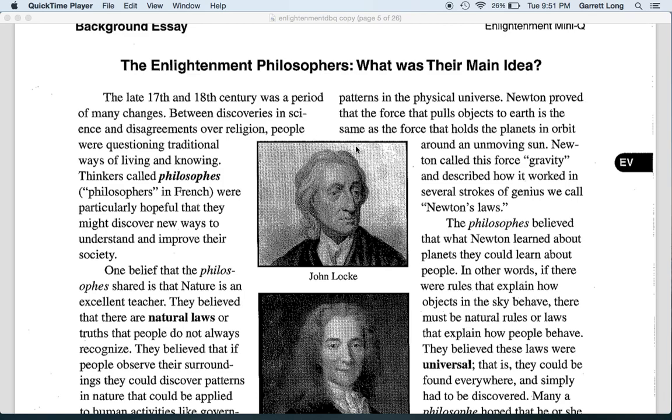So our goal, you guys, of this DBQ is to find a similarity between all the philosophers by analyzing documents from each one. And we will understand that there is one similarity. And of course, that is individual freedoms and rights.